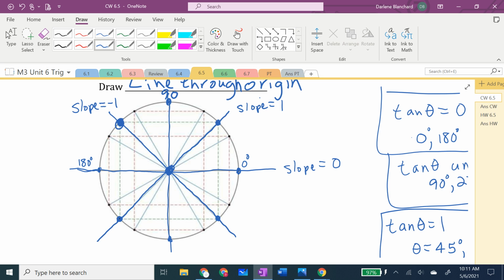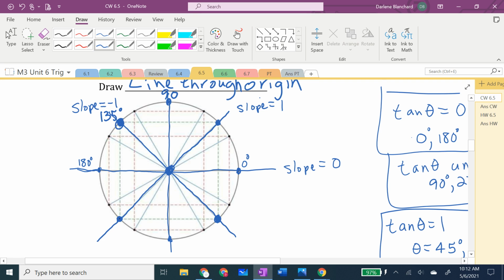What you do want to realize is when you are at a 45-degree angle, you have a slope of 1, if you are heading upward, left to right. But if you're heading downward left to right and you are at a 45-degree angle, your slope is -1. And these angles are 135.